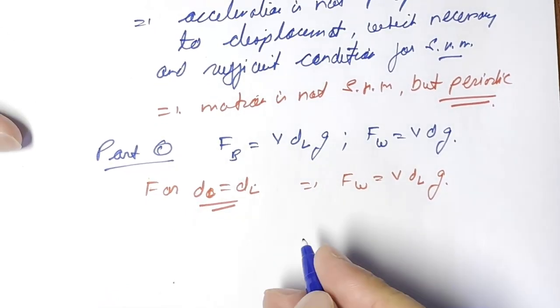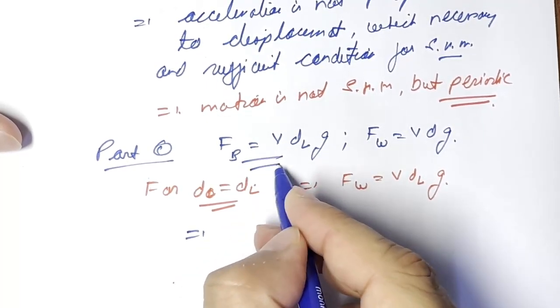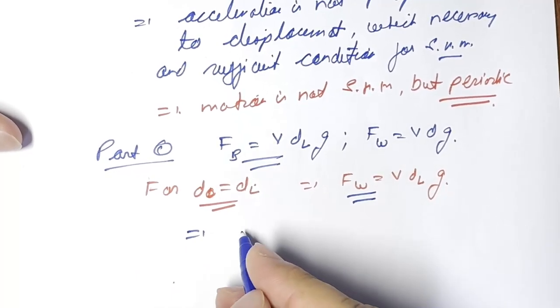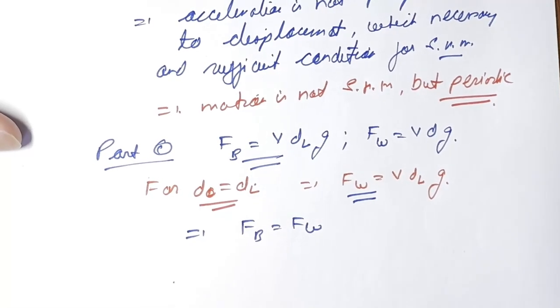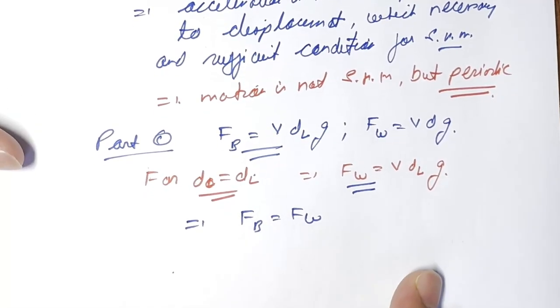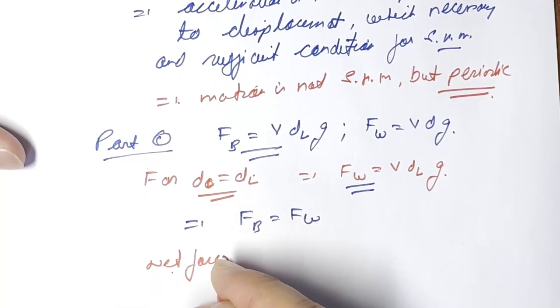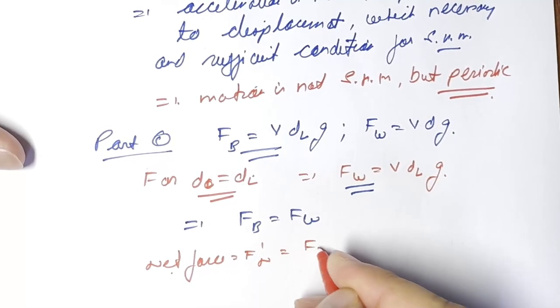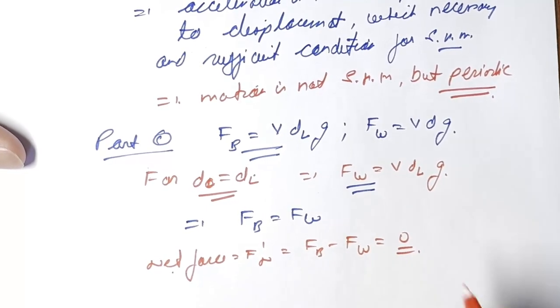Therefore, our buoyant force is now equal to the weight of the body. Therefore, net force will be equal to Fb minus Fw, which is equal to 0.